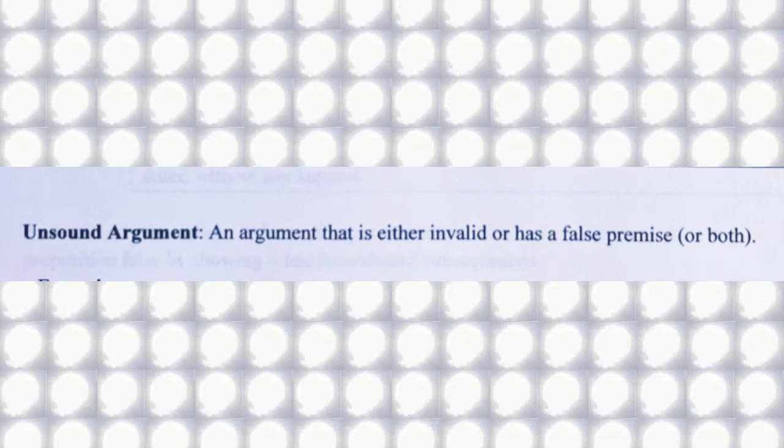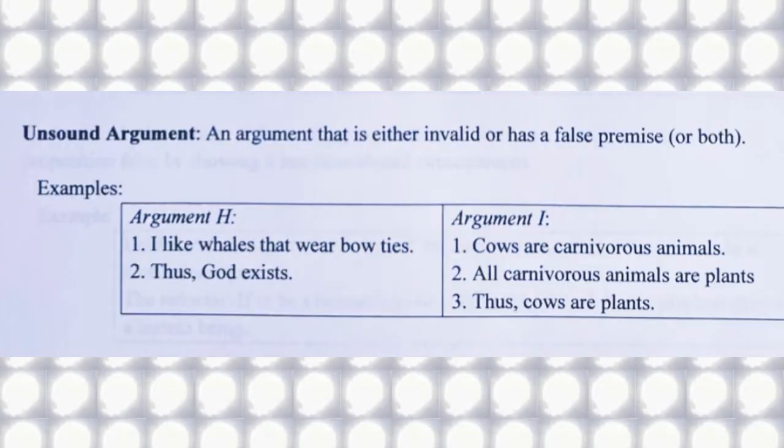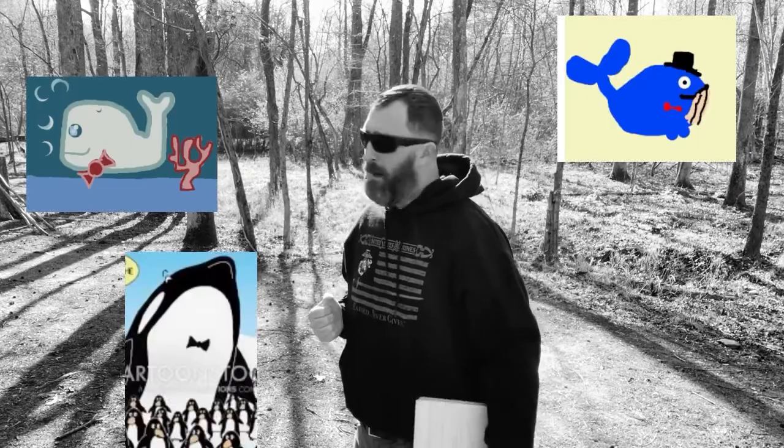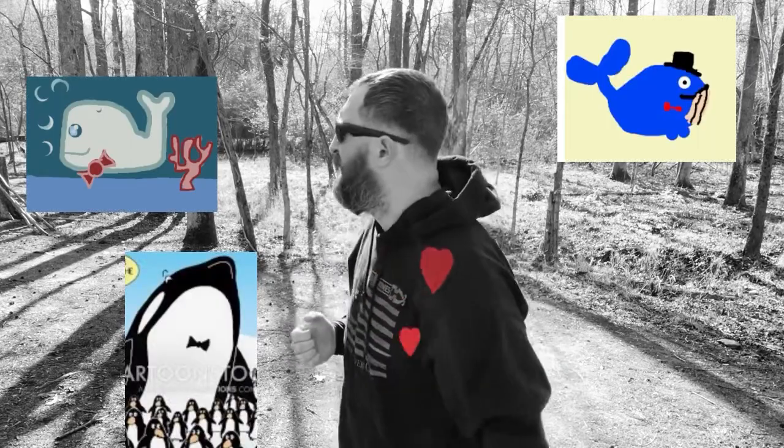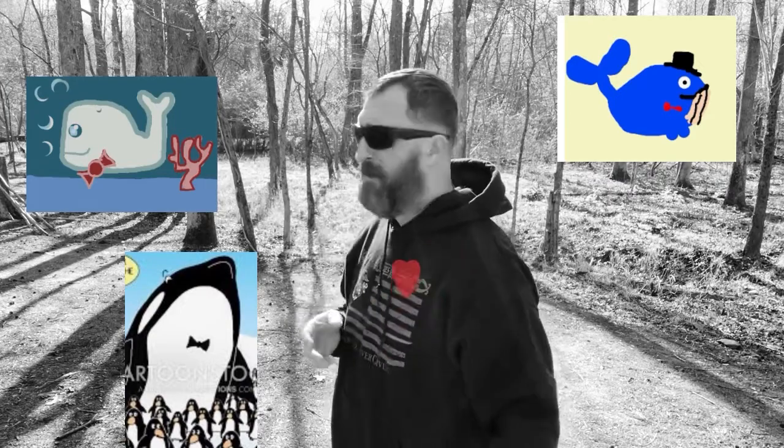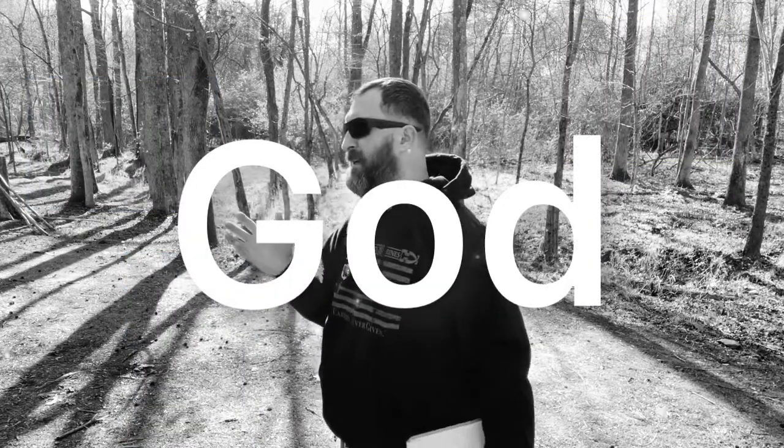So let's look at some examples of unsound arguments. Okay, what about this one? Argument H: I like whales that wear bow ties, therefore God exists. Maybe it's the case that I like whales that wear bow ties. I actually do. But what the heck does that have to do with God existing, right?